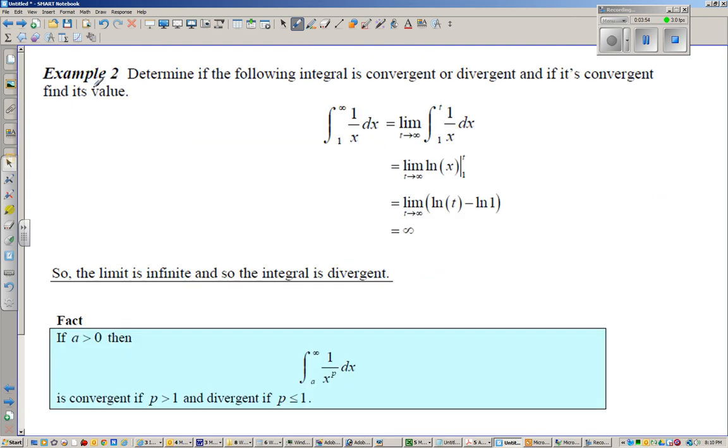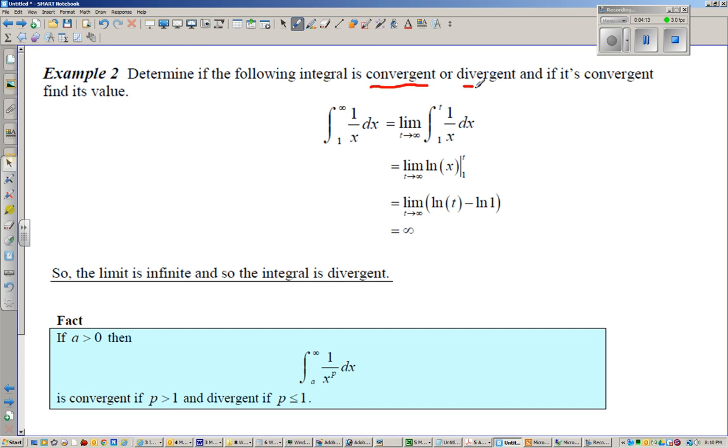This time, and these instructions are typical, the same ones used in the book, determine if the following integral is convergent or divergent. Convergent means that it sums to a total.